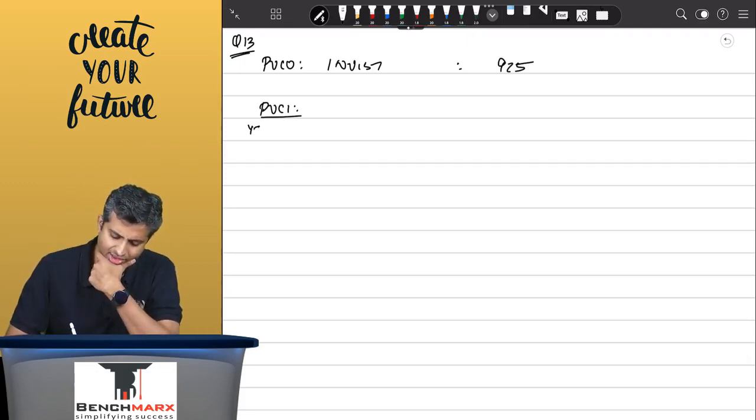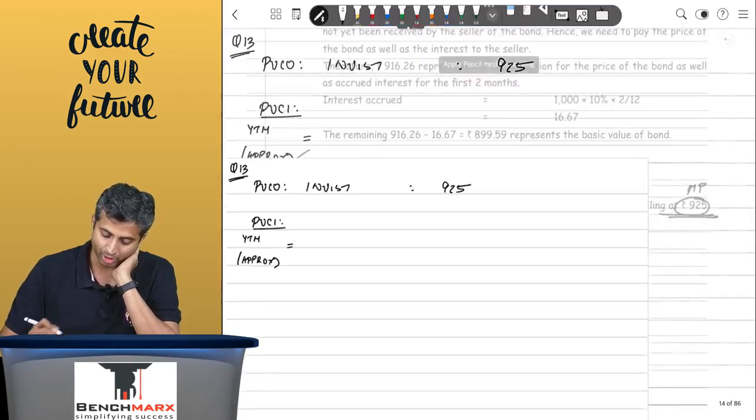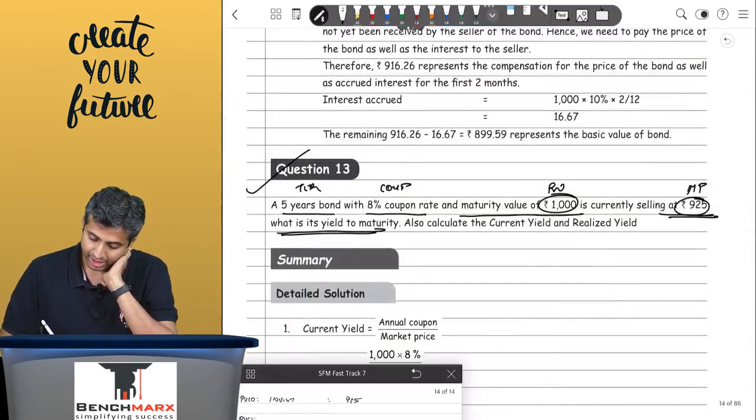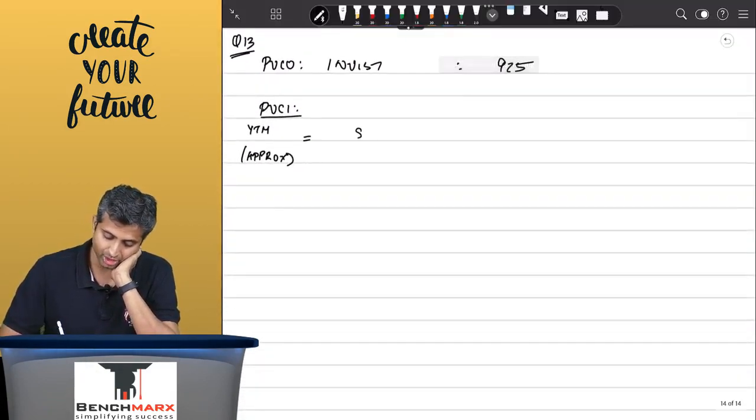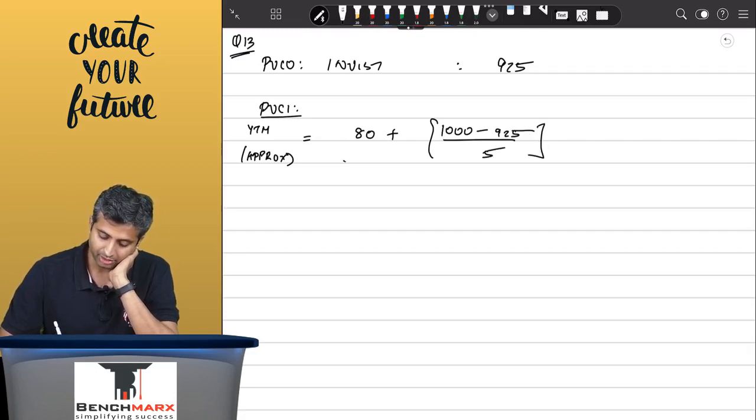Hence in such cases, in your rough work, you can try to find the approximate YTM in order to find a starting point. Approximately, the interest is 8% of 1000, which is 80 rupees, plus (1000 minus 925) upon 5, upon (1000 plus 925) divided by 2.